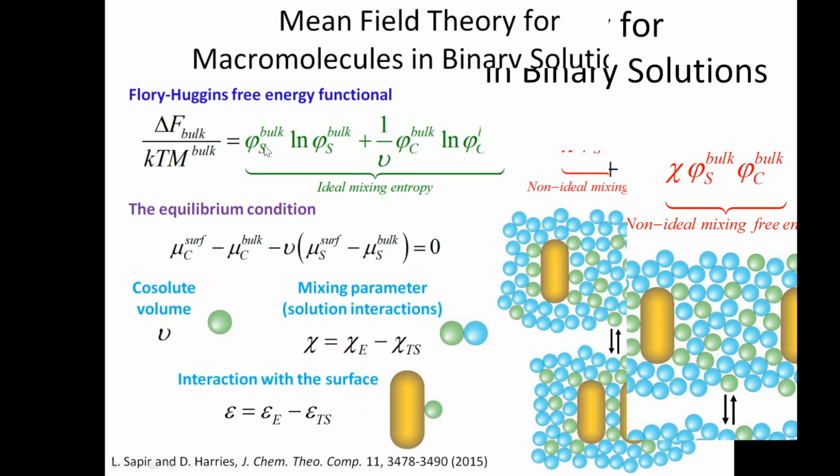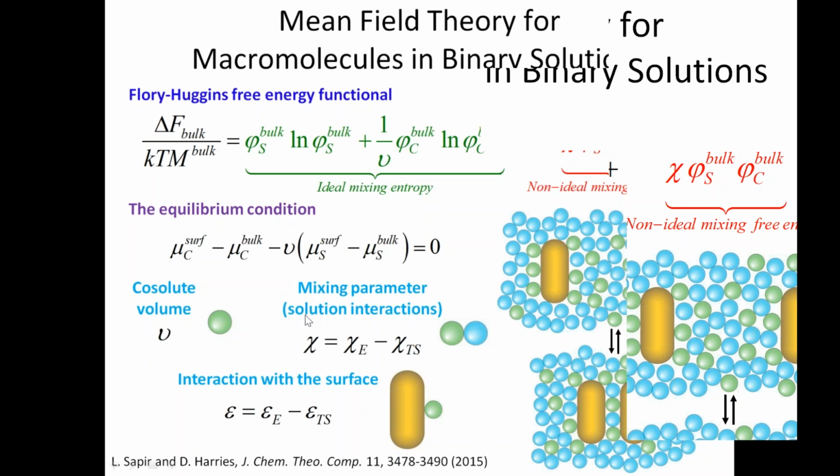The free energy in the Flory-Huggins solution theory has two major parts. We write it down as a function of the cosolute volume fraction, and it has two main parts: an ideal mixing entropy term and a non-ideal mixing term.